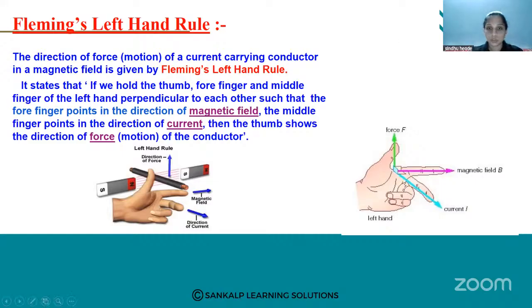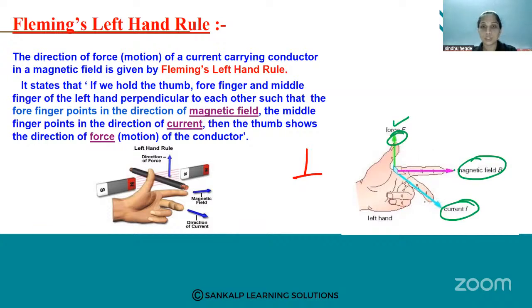So here this thumb shows the direction of force, the forefinger shows the direction of magnetic field, and the middle finger shows the direction of current, and each finger is perpendicular to each other. This is the Fleming's left hand rule. It's very, very important, so remember these things.